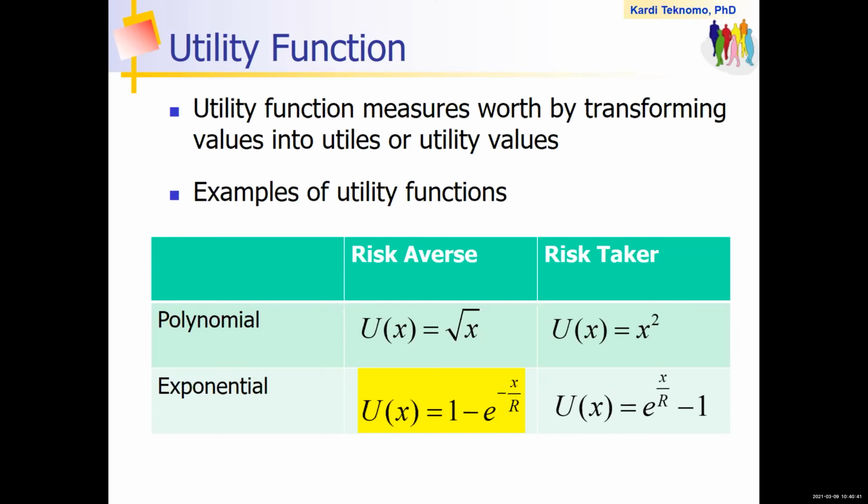Correct. Because we are using the polynomial. So if we use polynomial, risk averse will be square root, risk taker will be square, and the utility of risk neutral will be exactly U(x) equals x.